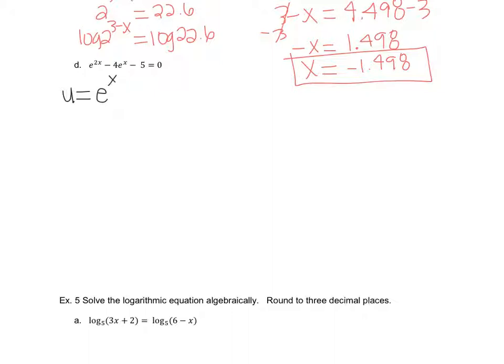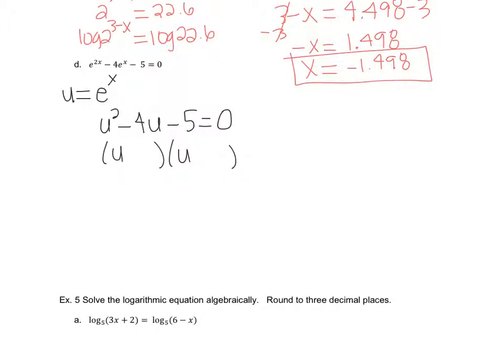So if I rewrite my problem using u instead of e to the x, I've got u squared minus 4u minus 5 equals 0. And now it's a little easier to tell that's a factoring problem. I'm going to go ahead and factor that. So u, and you're breaking down the factors of 5 that subtract to negative 4. That's going to be negative 5 and positive 1 equals 0.